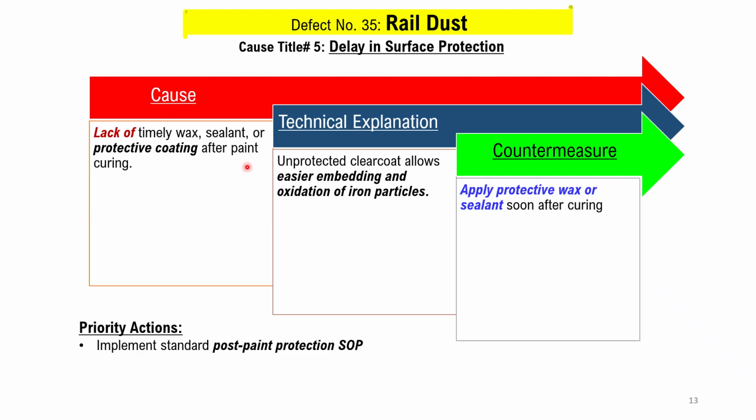Unprotected clear coats allow easier embedding and oxidation of iron particles. The recommended countermeasure is to apply protective wax or sealant soon after curing. The priority action is to implement standard post-paint protective SOPs.